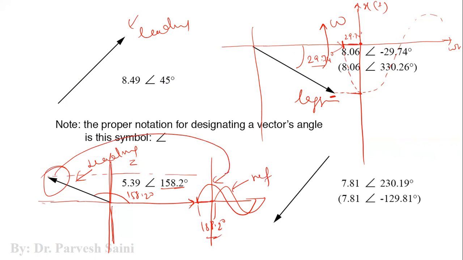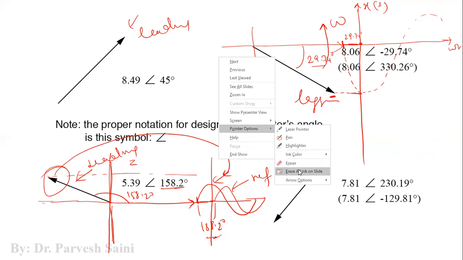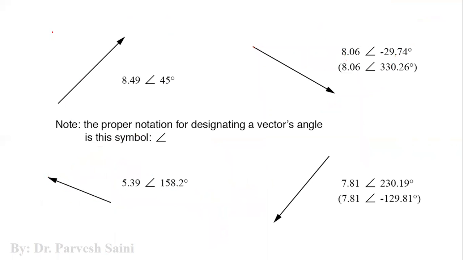This is how we can understand the phasor and its polar or complex form representation. If you want to find its complex value here, this is the imaginary axis and this is the real axis, so you can plot a perpendicular from here.